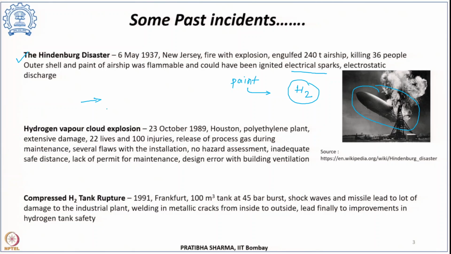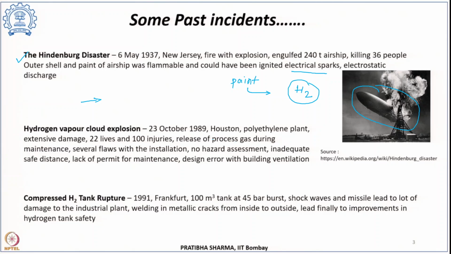Next is the hydrogen vapor cloud explosion. This was in 1989, in Houston, at a polyethylene plant. There was extensive damage, with 22 lives lost and 100 injuries.